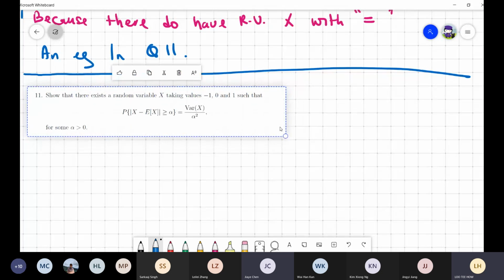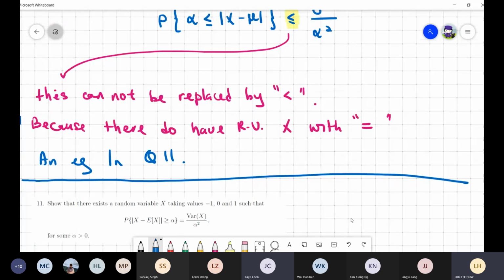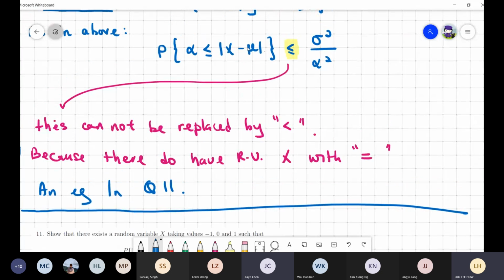So like I said, we can always construct an example such that the left-hand side equals the right-hand side. Although, of course, we do have some random variables such that the left-hand side is strictly less than the right-hand side. But we also have plenty of random variables with the left-hand side equal to the right-hand side.